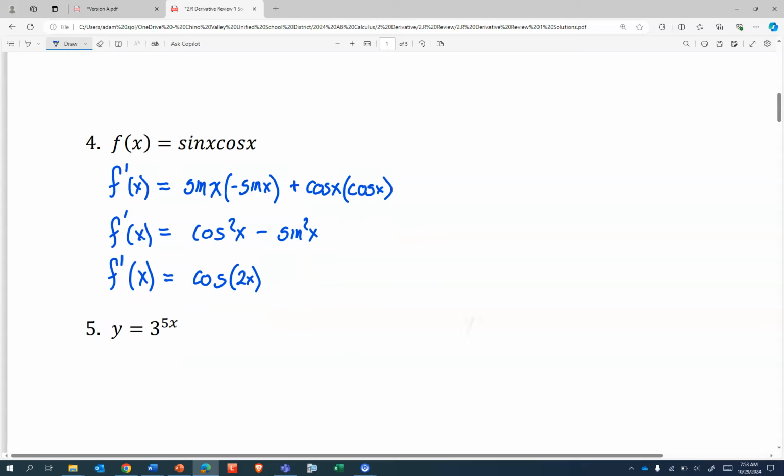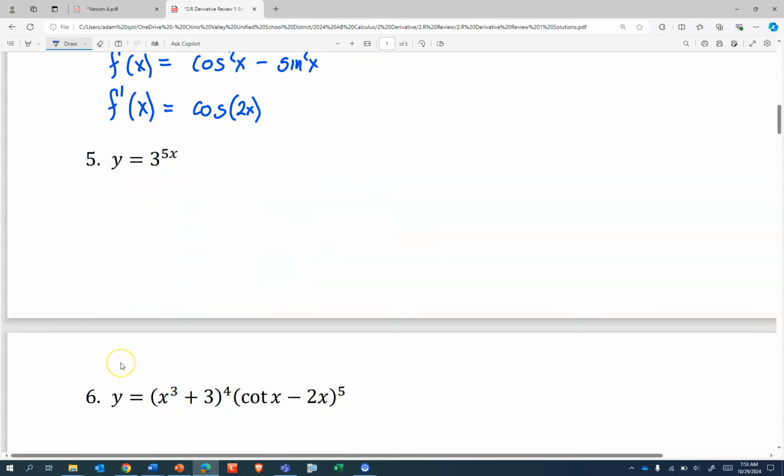Okay. So back to the derivative stuff. The derivative, and again, this is a similar structure, of 3 to a power is 3 to that power times natural log of 3. And that power is 5x, so chain rule times 5. Now in this case, I think I will rewrite just in case it comes up.